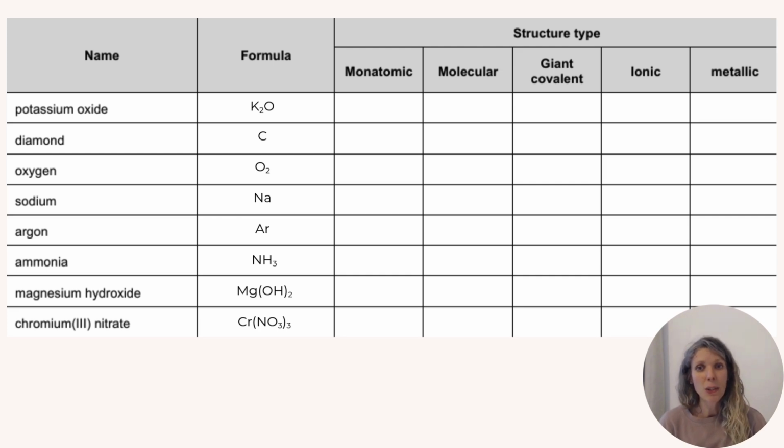Ammonia. So ammonia, NH3, nitrogen is a non-metal, hydrogen is a non-metal. That makes this simple molecular. Second to last, magnesium hydroxide. Now there's 2 ways of approaching this one. Magnesium, first of all, we can look up or recognise that it is a metal. And then we can ignore the brackets in the formula if that's confusing you.